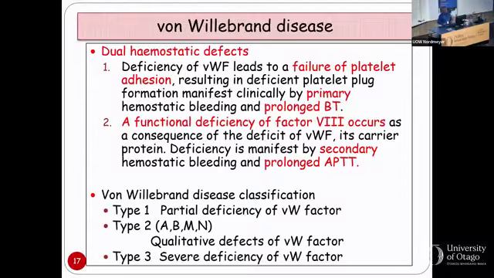It's a very funny classification system, and it makes for a good read. So if you have an hour someday, look into type 2 von Willebrand disease. It's pretty interesting. I might even make a podcast out of it.